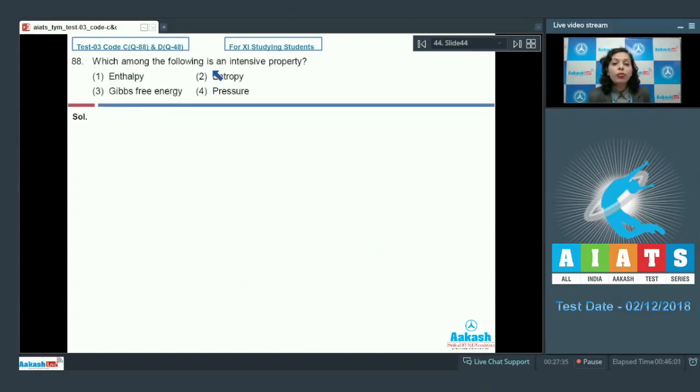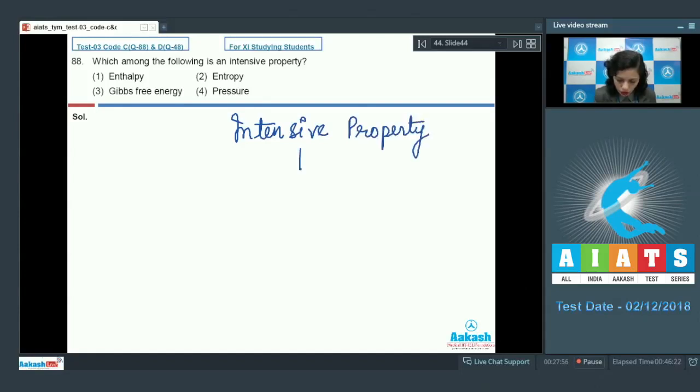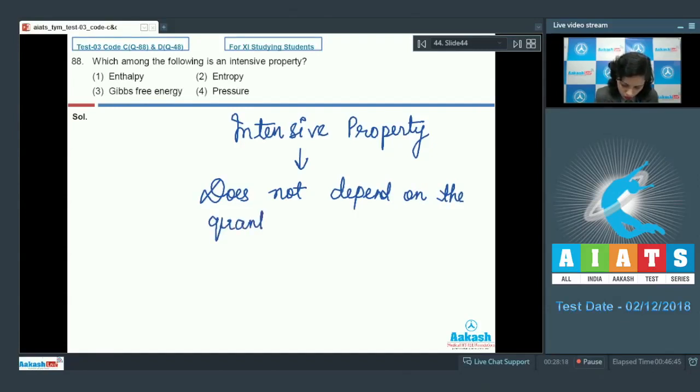Let's check. Which among the following is an intensive property? We have different options given here. First option enthalpy, then entropy, Gibbs free energy and pressure. We should know that intensive property does not depend on the quantity of matter.